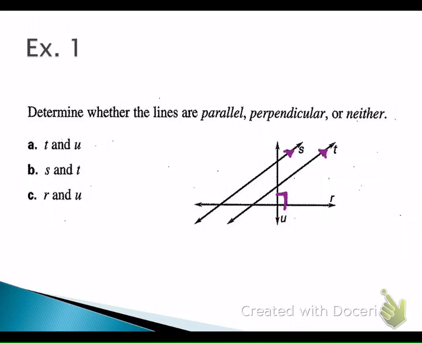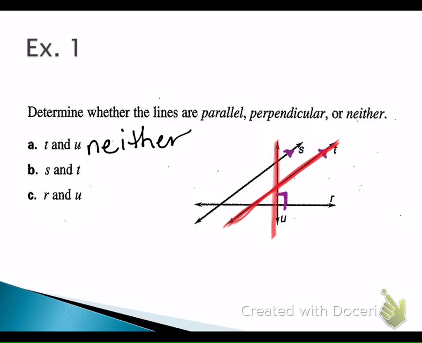The first one, line T, this guy, and line U, this guy. So are those parallel, perpendicular, or neither? They make a right angle, the 2 that I just highlighted in red? That's a neither. Those aren't doing anything special. So we would write neither.